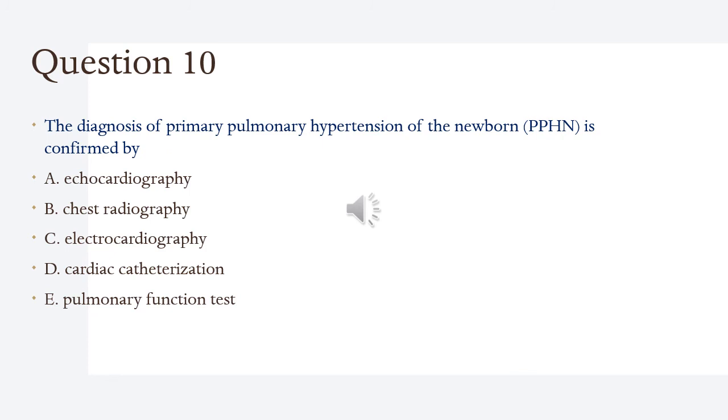Question number 10. The diagnosis of PPHN is confirmed by echocardiography, chest radiograph, ECG, cardiac catheterization, or pulmonary function test. PPHN is quite famous in neonates, and we diagnose it by echocardiogram.